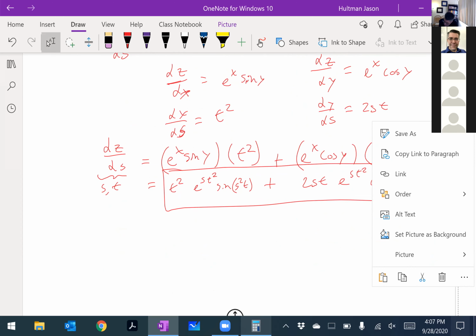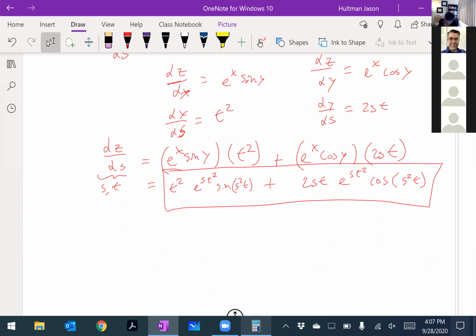Very similar to what we did before. We'd have to find dx dt and dy dt. So the partial of x with respect to t is going to be equal to what? If x is st squared, then this is going to be 2st.